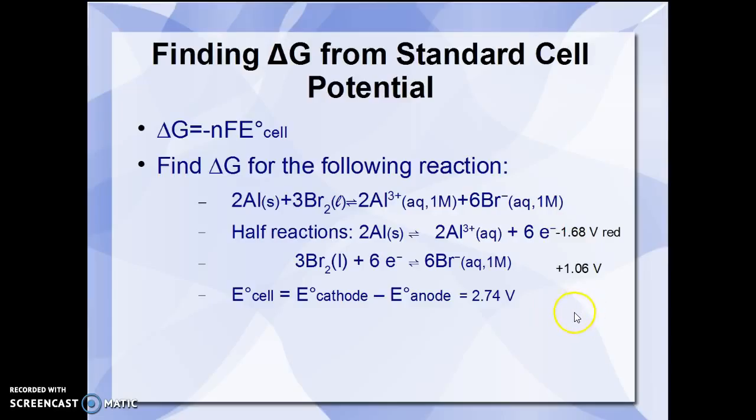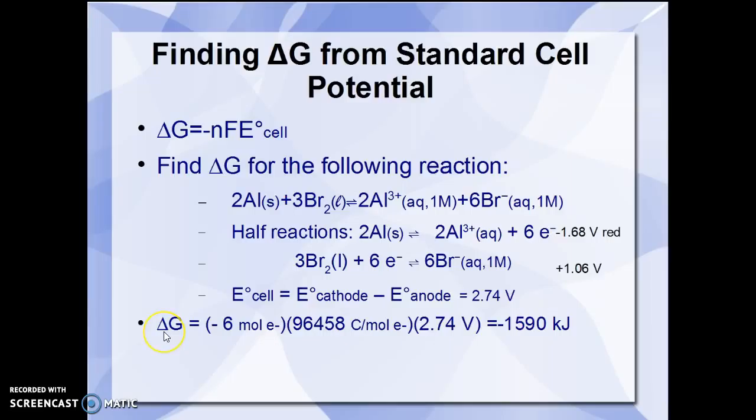We can then plug that into this equation and calculate delta G: negative, that's in the equation, 6 moles of electrons times, now using a more accurate Faraday's constant, 96,458 coulombs per mole, multiplied by the 2.74 volts of the standard cell potential.